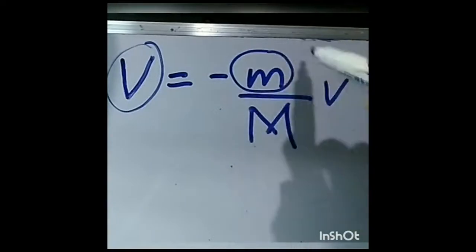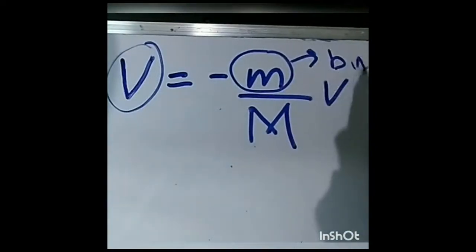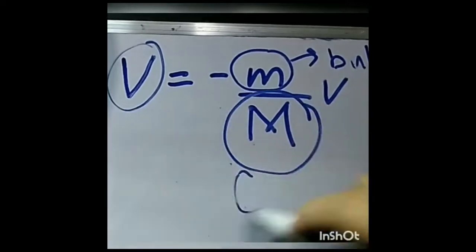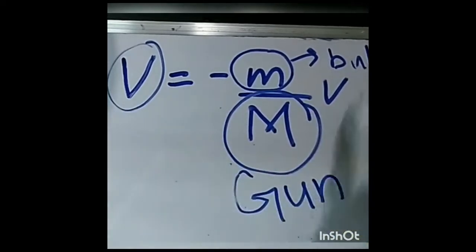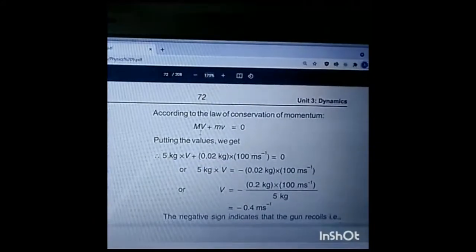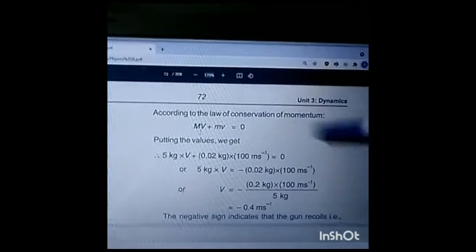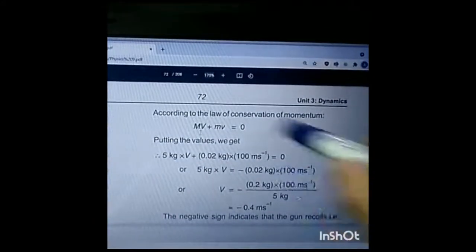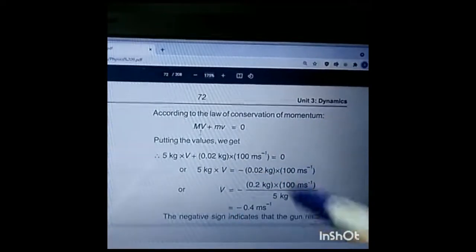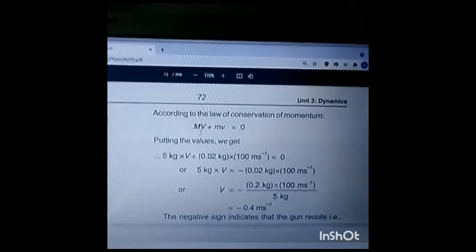This small m is the mass of the bullet, this capital M is the mass of the gun, and this v is the velocity of the bullet. If we solve it, it's a very easy calculation. You don't have to think much about it. It's given in the data. So the answer is 0.4 meter per second.